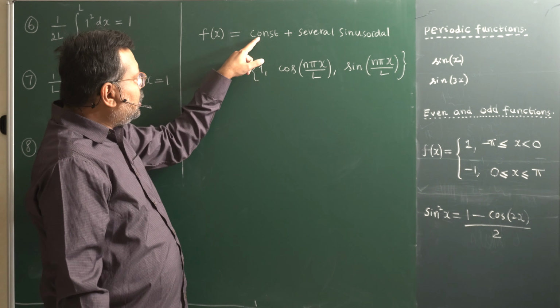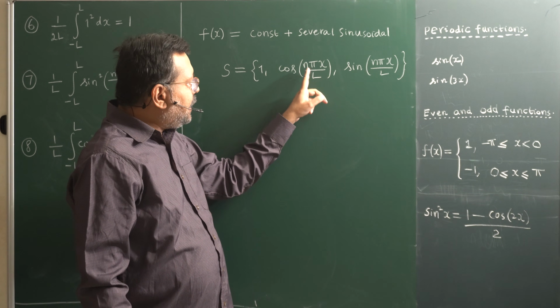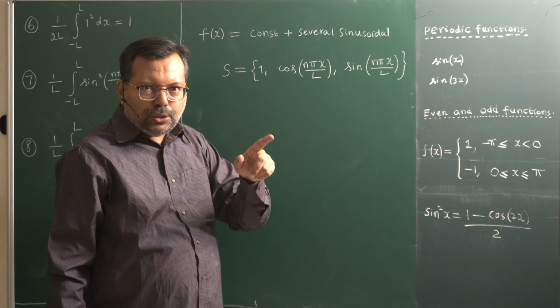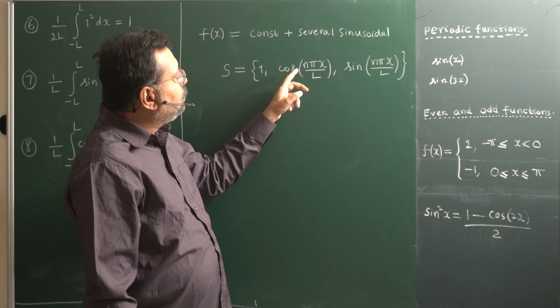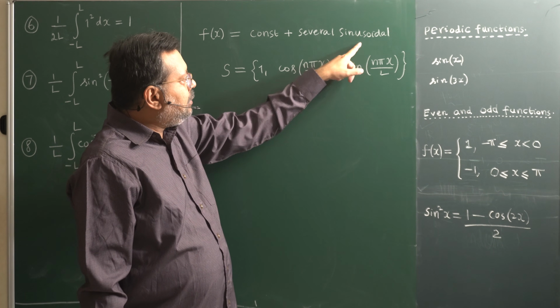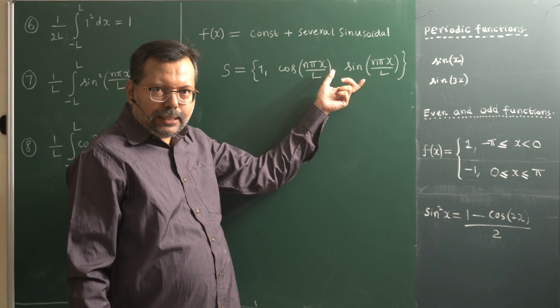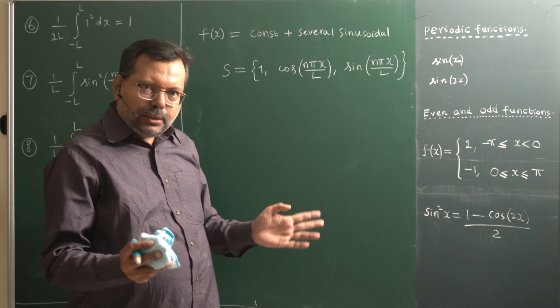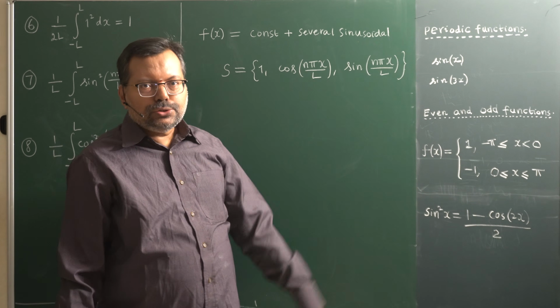Constant is there, 1 is there, several is there. Several means n equal to 1, 2, 3, etc., going up to infinity, so infinitely many. Sinusoidal means a combination of sine and cos, including any phase, everything is included. That kind of combination is called sinusoidal.